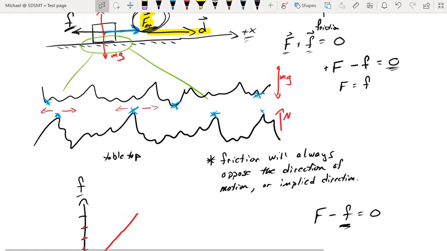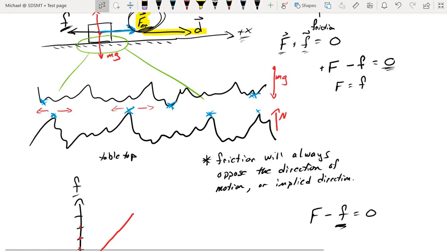There eventually comes a point where all of these peaks that are snagging on one another can't maintain that equal and opposite pushing match, and one of these peak-to-peak interactions, in fact, probably more than one, is going to fail.